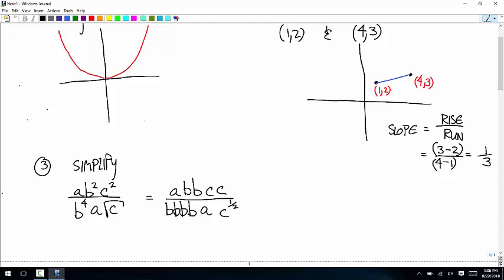Okay, so now we can cancel a bunch of stuff. This a cancels this a. Two of the b's in the numerator cancel two of the b's in the denominator. And now there's a couple of ways to think about canceling the c's. I guess you can use an exponent rule. That's one way to do it.